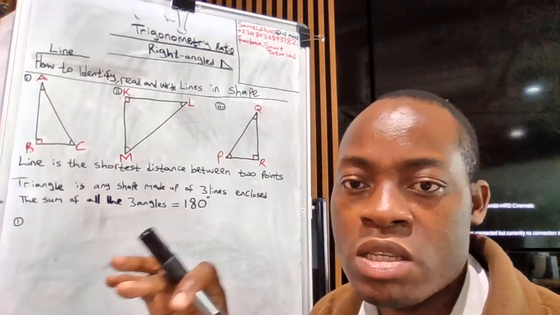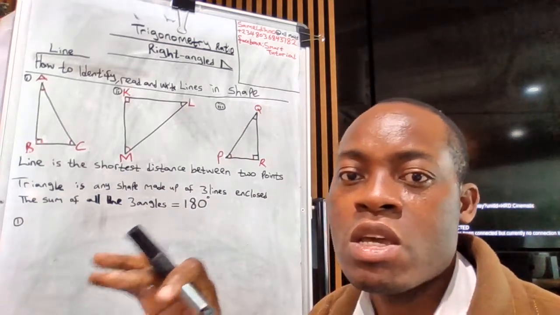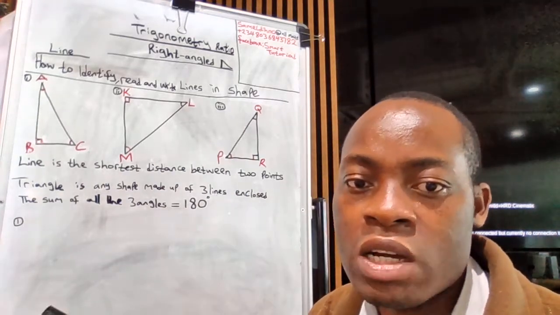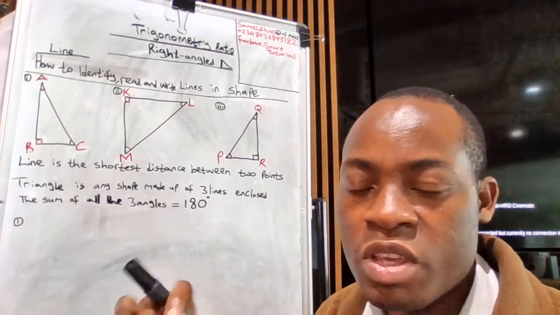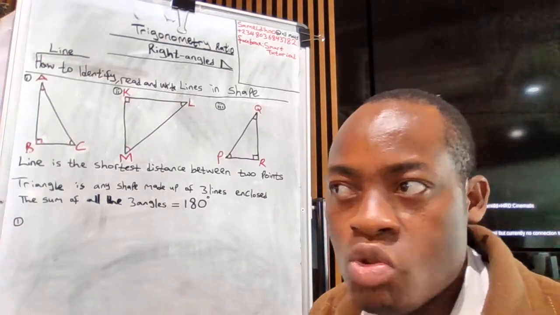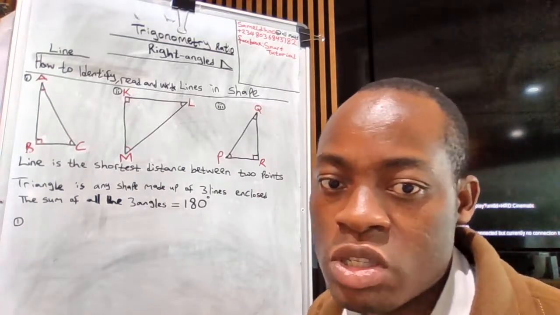So just like I said, the understanding of the basis is what students lack, not the topic itself. If you cannot write the line, how do you want to do other calculations there?